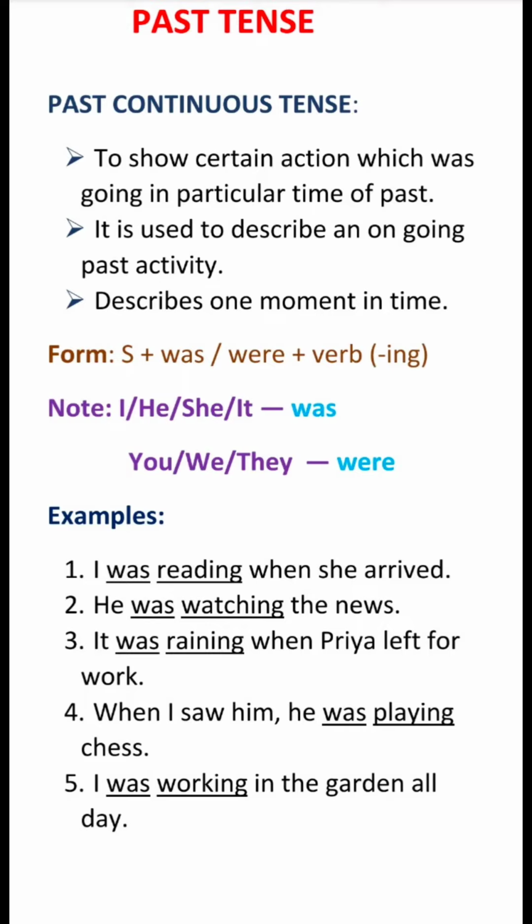We'll see the forms: subject plus was or were plus verb ing. Note, if subject I, he, she, it comes means we should add was to the verb. If a subject you, we, they comes means we should add were before the verb.